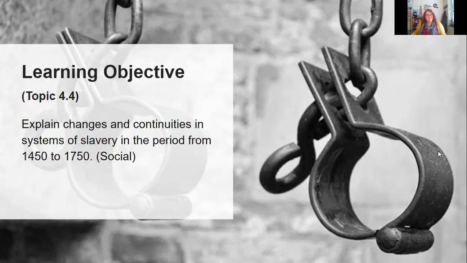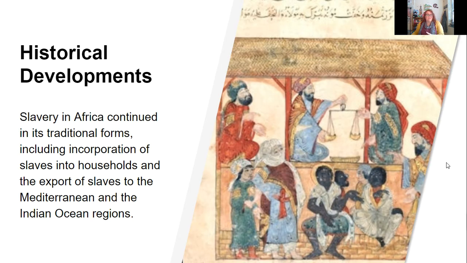We are really looking at the changes and continuities of the systems of slavery that were born during this time, specifically chattel slavery. We talked about the differences in slavery throughout time that we have seen already, and in this instance, we are really talking about chattel slavery.